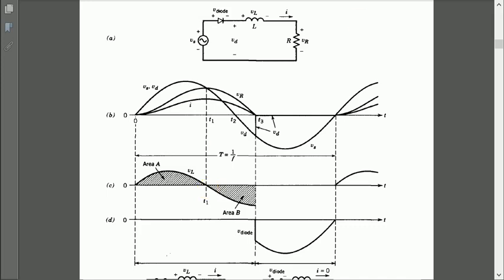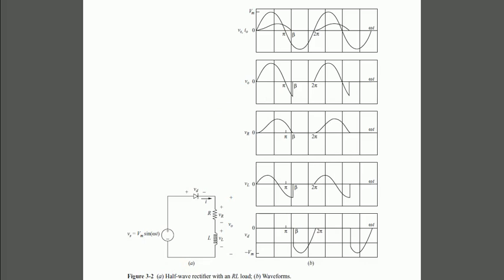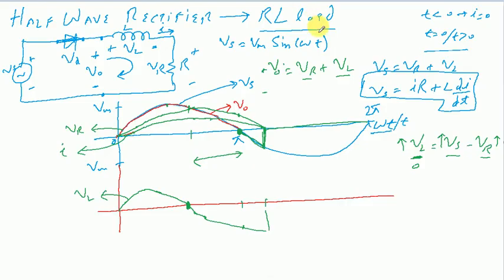We can also explain this with the help of this relationship, the governing equation for the inductor voltage. This is the representation of it. As long as the current has a positive slope, the current is rising, so the voltage across the inductor will be positive.